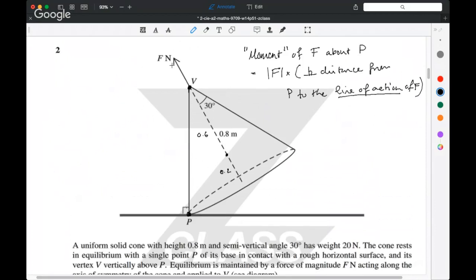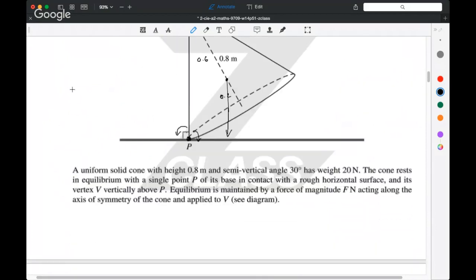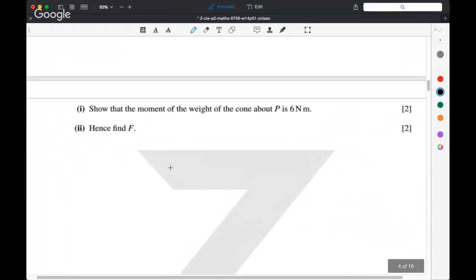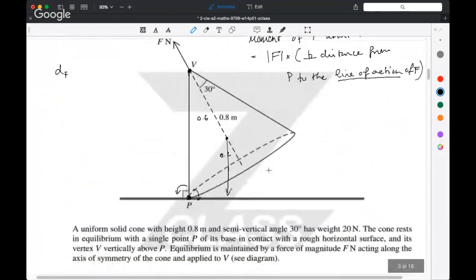We have two moments. This force F is rotating the thing that way, and mg, which is acting down here, is rotating things that way. So what is the distance from F? Okay, by the way, we're answering this first question, so I'm going to do it over here because we can look at the diagram. This is question 1i.